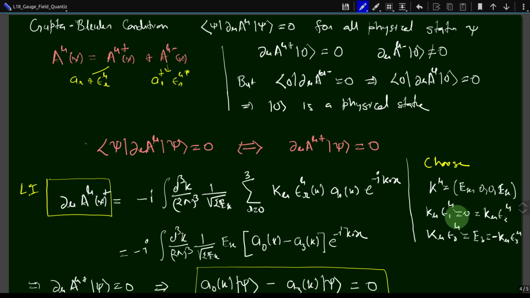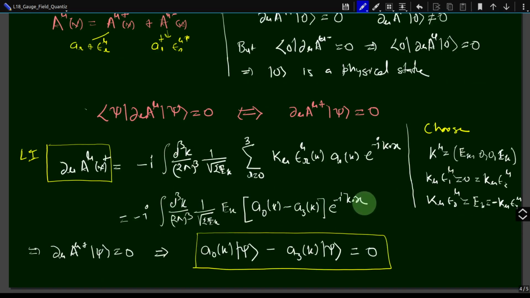Now of course k·ε_1 is 0 because ε_1 is only in the x direction, and ε_2 is only in the y direction, so those are 0. k·ε_0 is E, the energy component, and k·ε_3 is minus E. So when I put these expressions over here, I get minus i, all these factors, with E_k taken common, and what I get is (a_{0k} minus a_{3k}) times e^{ik·x}. So this is the definition of my operator.